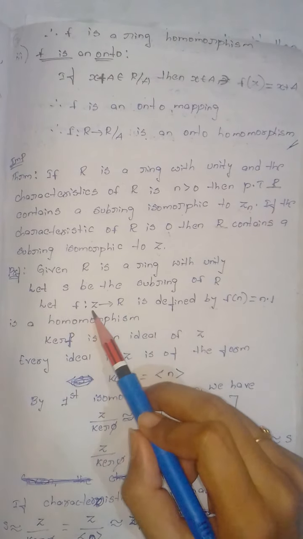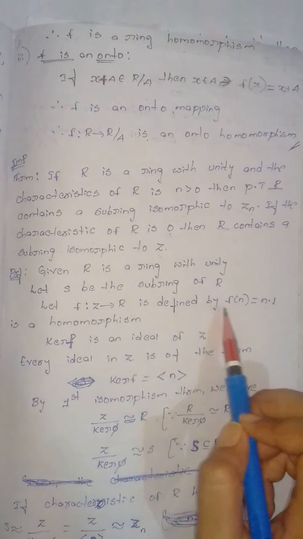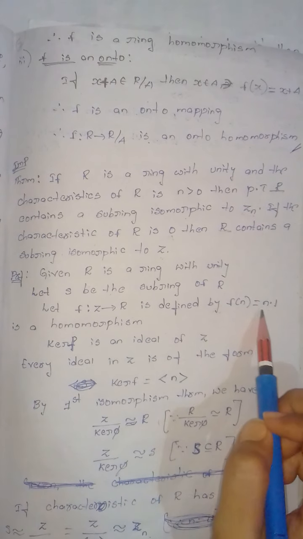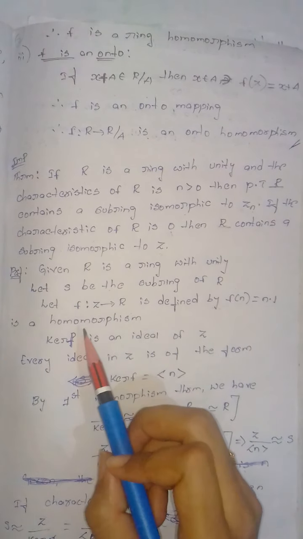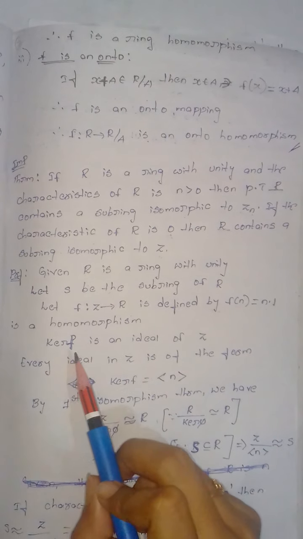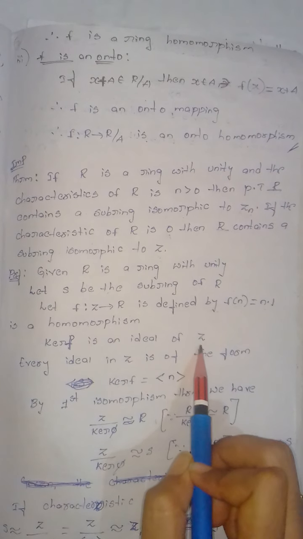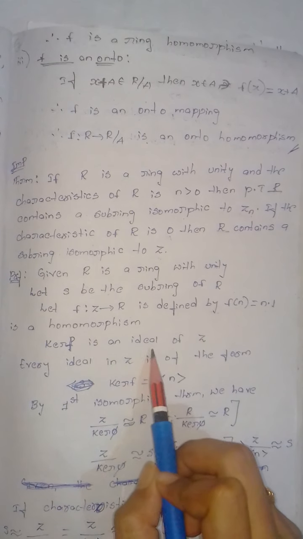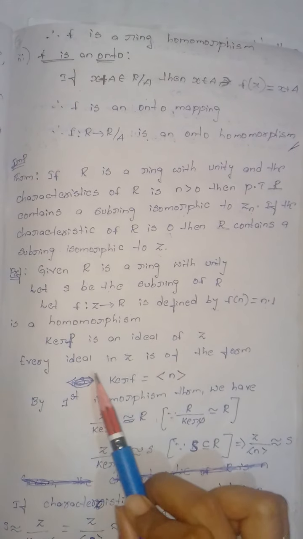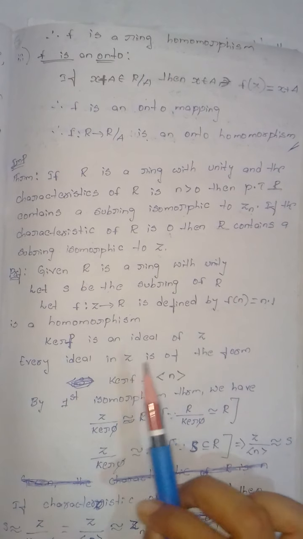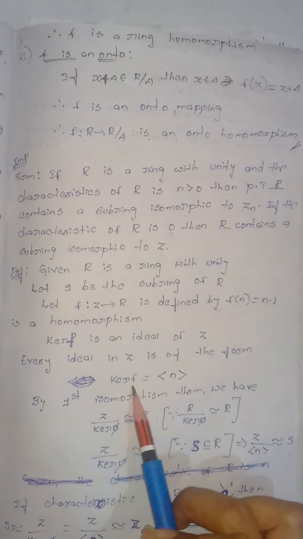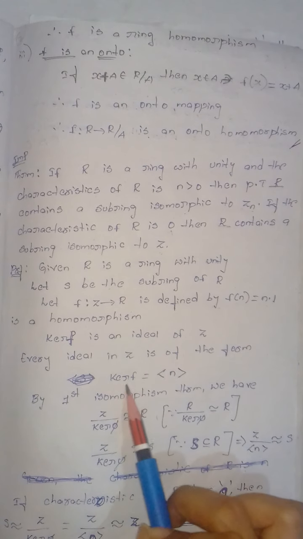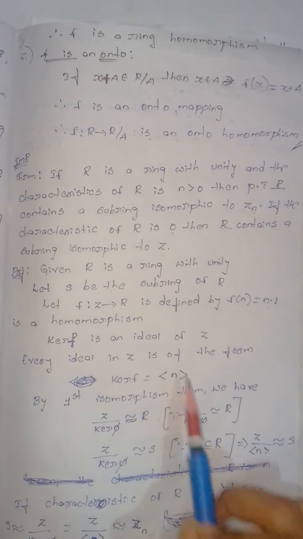If f is a mapping from Z to R, there we have defined a function like this, f of n equals n dot 1, and this function we have already proved is a homomorphism. Now kernel f is an ideal of Z. Then every ideal in Z is of the form generator n. It will be in the form of kernel f equals generator n.